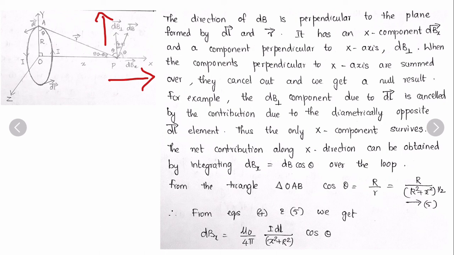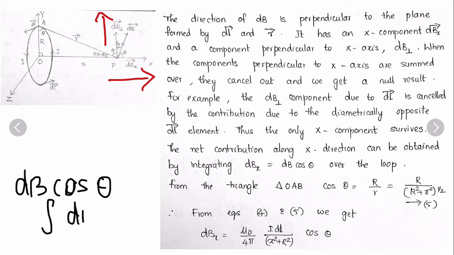For one dl, it is dB cos theta. Then for the whole circle, we have to integrate this dB cos theta, and then we will get the result for the full circle.